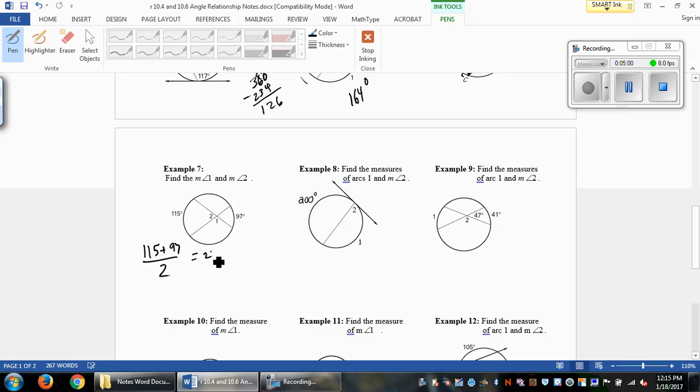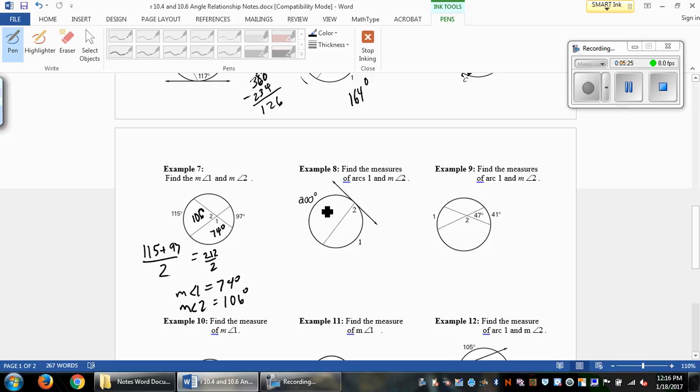It's 212 divided by 2. So this is 106 in here. And since this is a straight line and we have 106 degrees here, then this side's going to be 74. So we've got the measure of angle 1 is 74 degrees. The measure of angle 2 is 106 degrees.